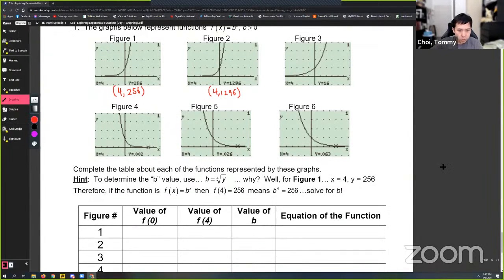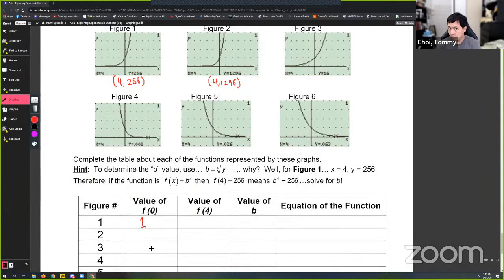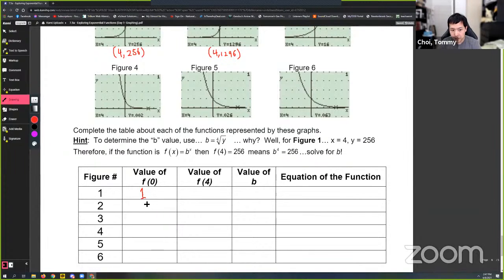So that's going to be (0, 1), so that's going to be 1 here, right? And I think everyone knows that that's going to be true for all of them, right? We learned our lesson today that everything should be (0, 1) for every single one of these graphs if it's an exponential function. Yes? Okay, I'm assuming everyone is nodding and saying yes.